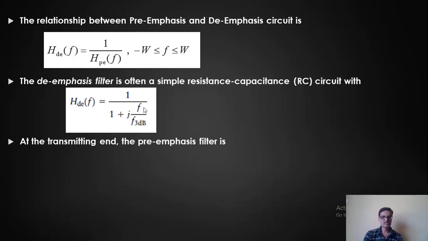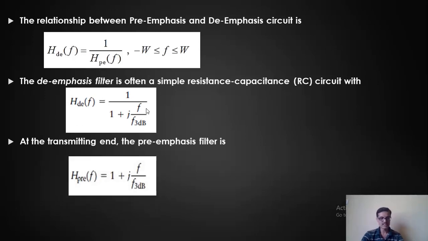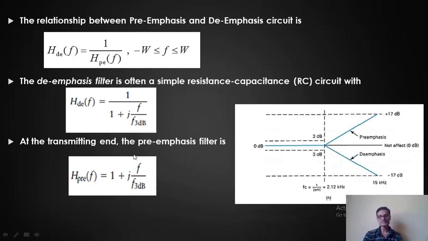The pre-emphasis circuit should have the response of a high pass filter, which is given by 1 plus j f by f 3 dB. So they have an inverse relationship over here. That is the requirement. Both responses of the pre-emphasis as well as the de-emphasis circuits are shown in the same figure. The 3 dB point is over here.